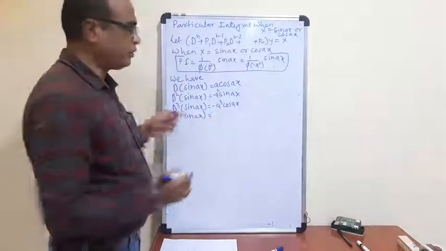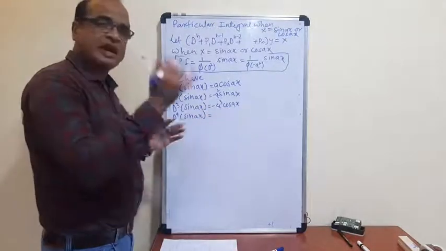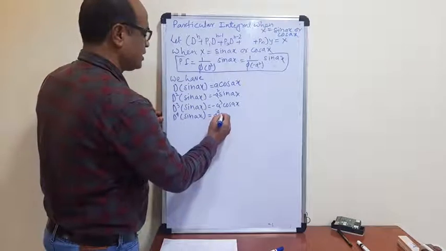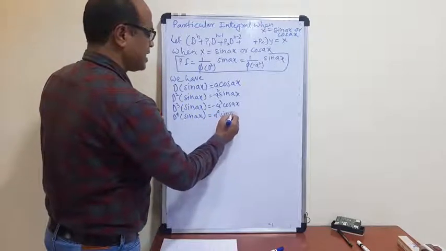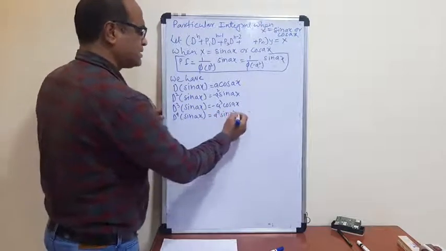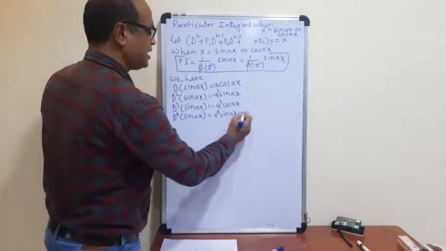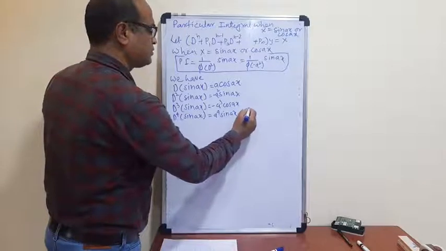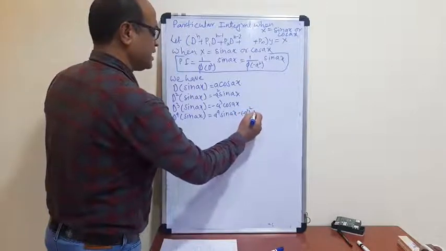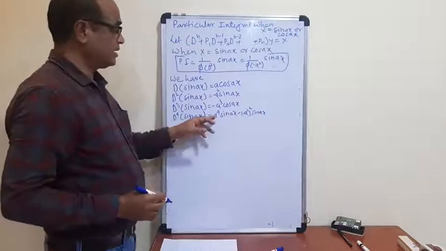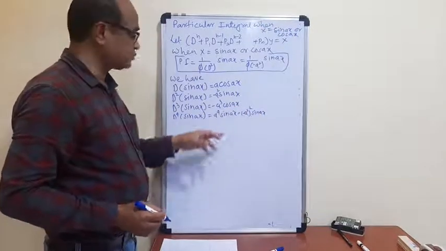Again we take the derivative: the derivative of cos ax is minus sin ax, minus times minus, so this is a raised to 4 sin ax. This can be written as minus a square raised to 2 sin ax, since a raised to 4 is minus a square raised to 2.